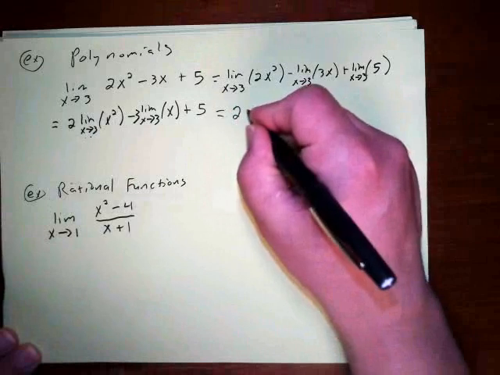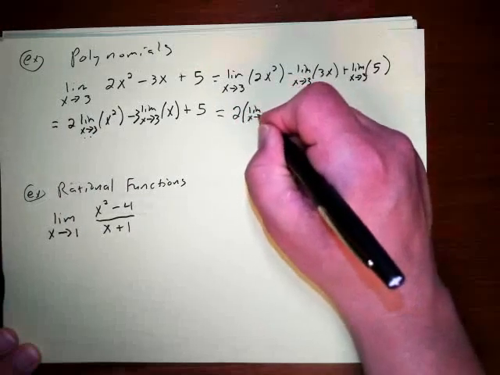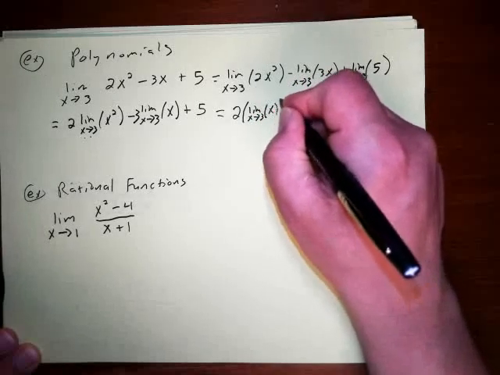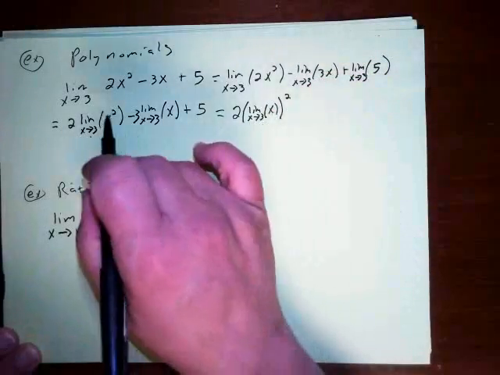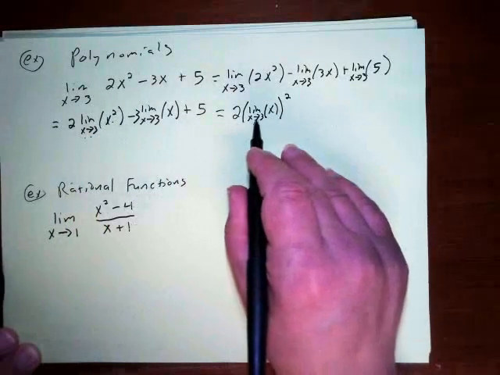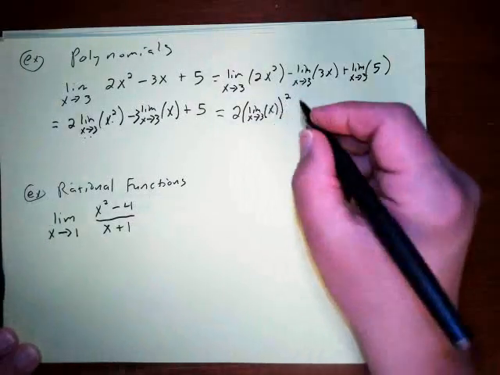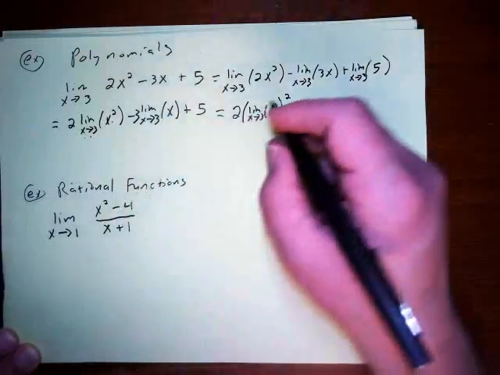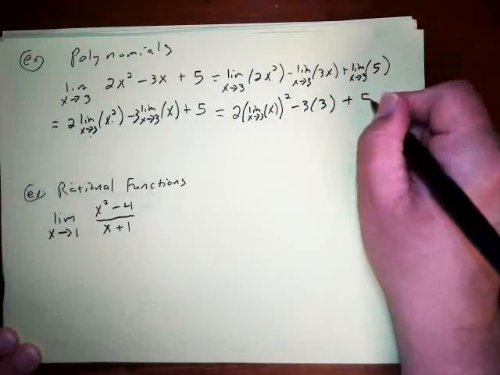So this would be 2 times the limit as x approaches 3 of x, raised to the second power. This is what the power rule says: if I'm taking the limit of this power, then I can take the limit of the base, raised to that power. Then this would be minus 3 times, now this is the identity rule, so that would just be 3, and then plus 5.